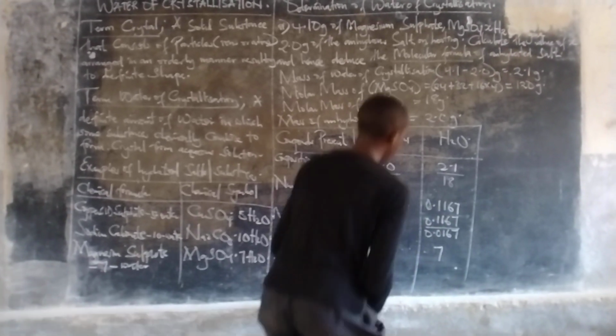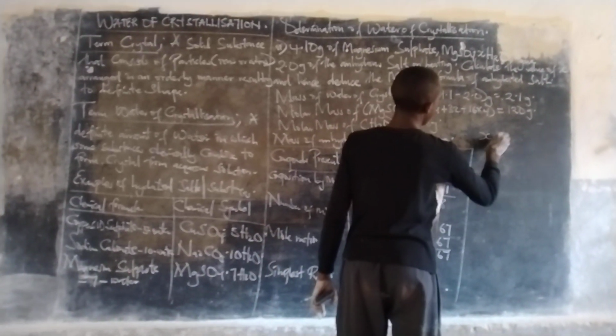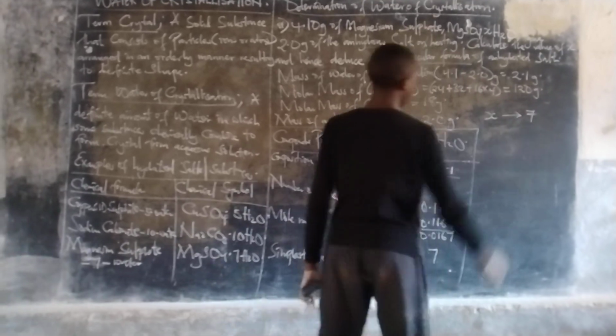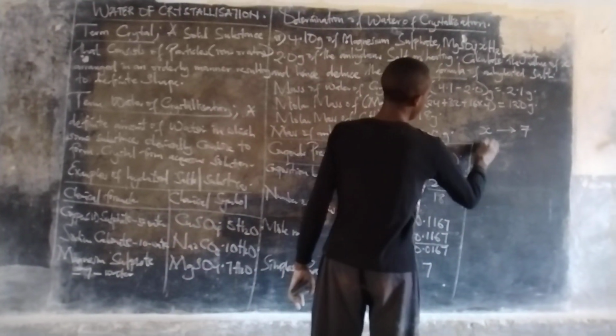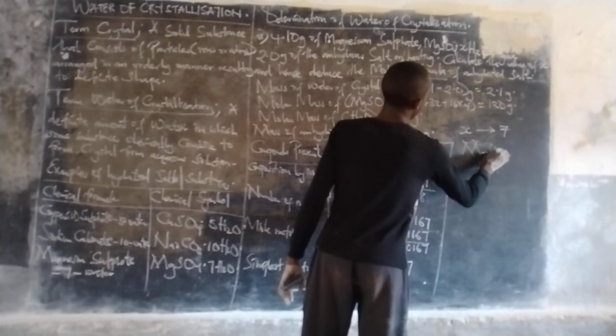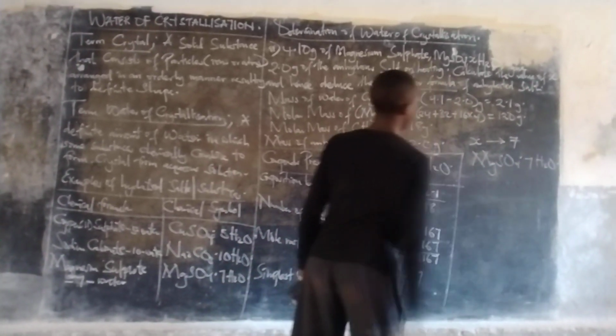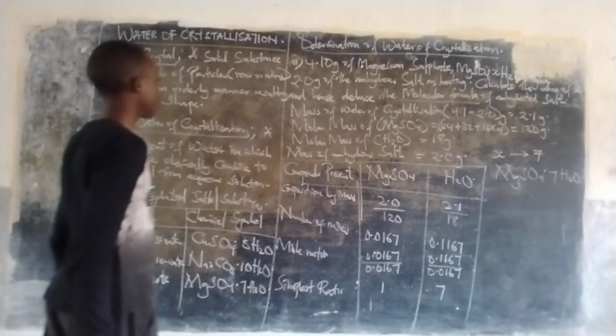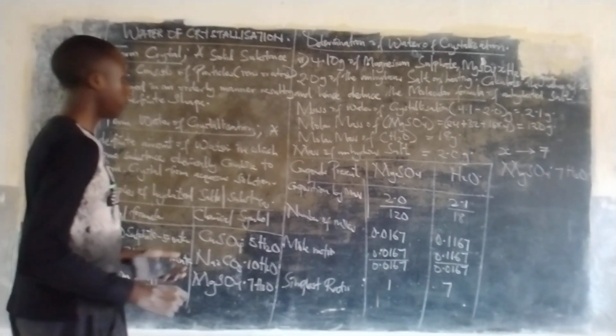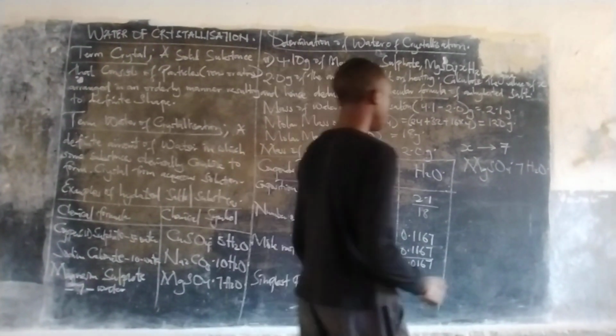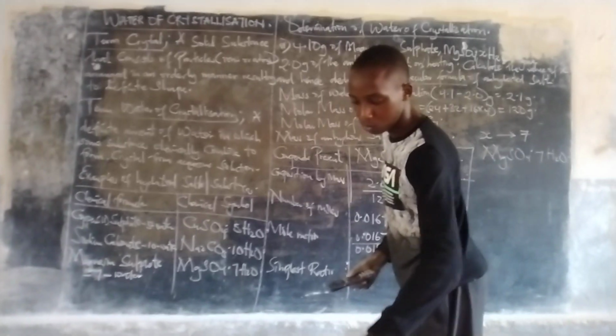That means the value of x is 7, and the molecular formula will be magnesium sulfate heptahydrate.